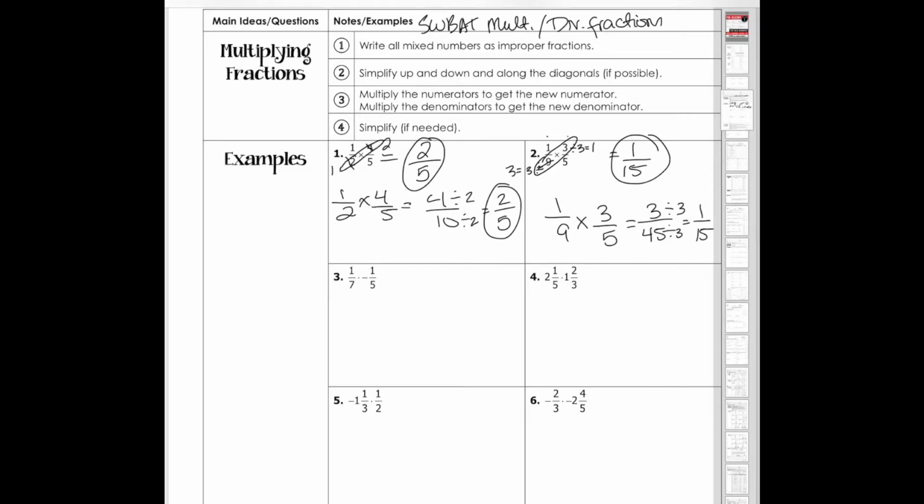Okay. Let's kick it up a notch, and let's think about number 3. It says 1/7 times -1/5. Well, here, there's no way to cross simplify. 1/7 is in simplest form, 1/5 is in simplest form, 1 and 5 can't be simplified, 7 and 1 can't be simplified. So I just have to multiply across.